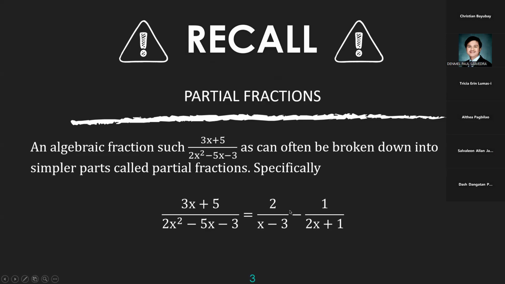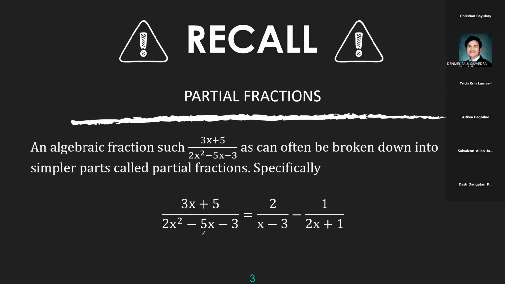They are just the same. If you cross multiply these two, you will get the exact same as this one. But of course, the steps in getting it are a different thing, a different way.